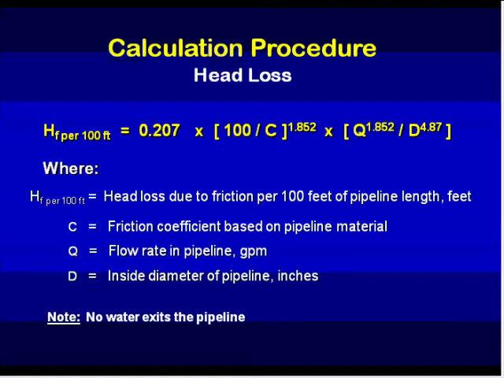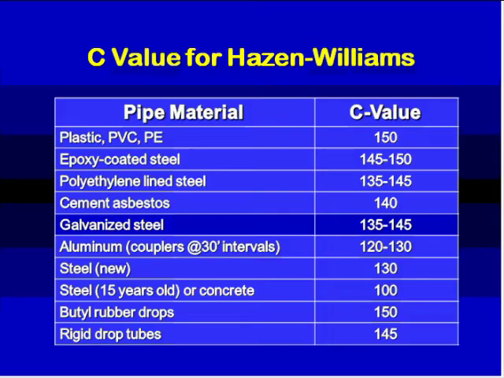D is the inside diameter of our pipeline in inches. So we've got a bunch of different units here that are accounted for in our coefficient of 0.207 out front. Now, with this initial look at the estimate of friction loss, we're going to assume that no water exits the pipeline. That's not the real scenario, but we'll fill in the gaps as we go. So initially, no water exits the pipeline.